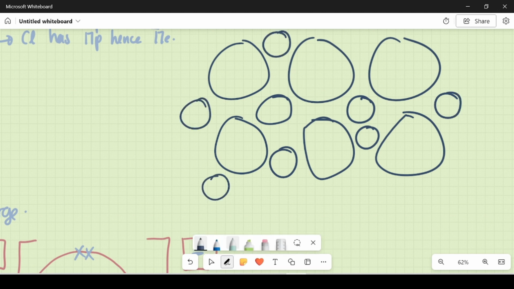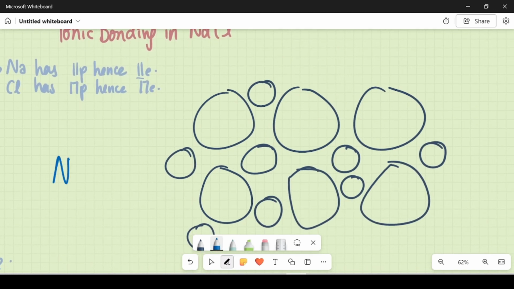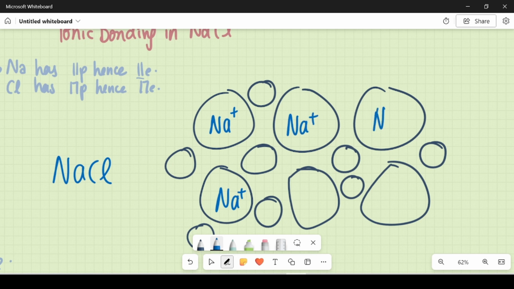If we want to draw and show a little bonding between sodium and chlorine, we have Na plus and the Cl minus on these little ones.